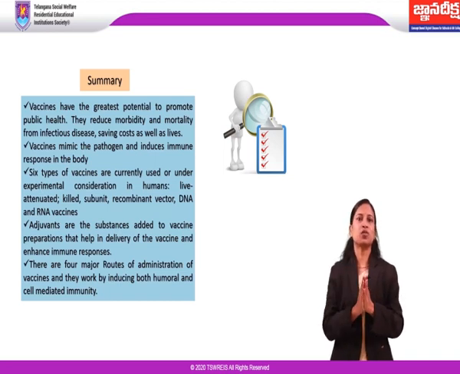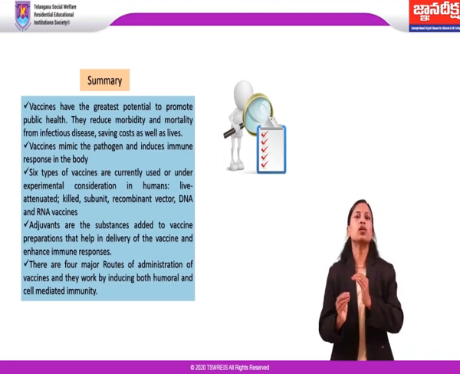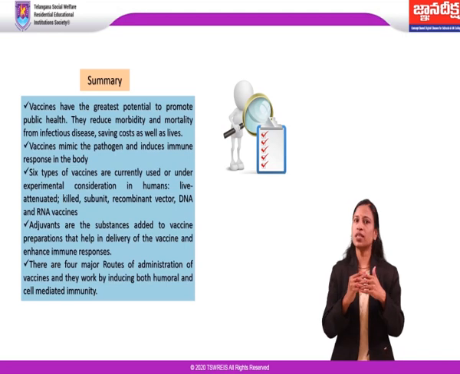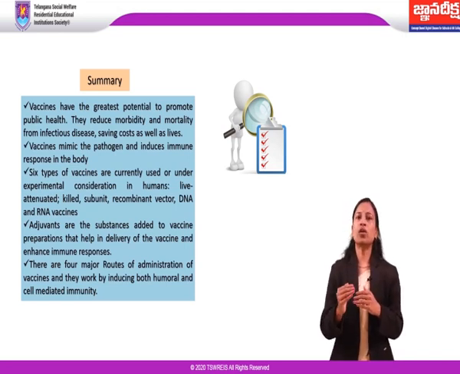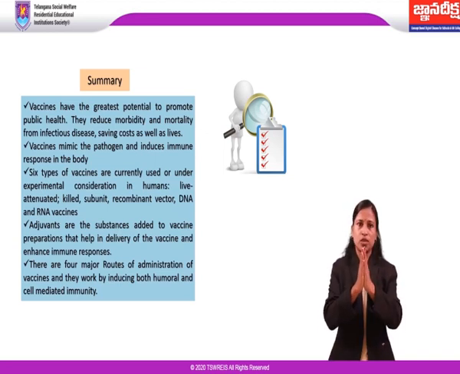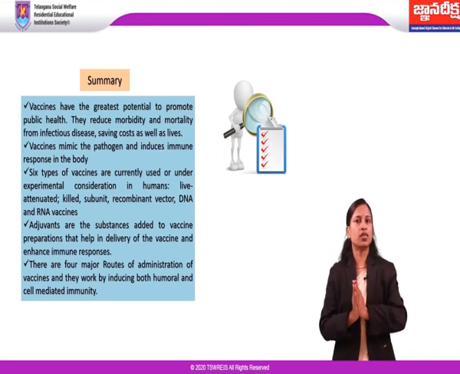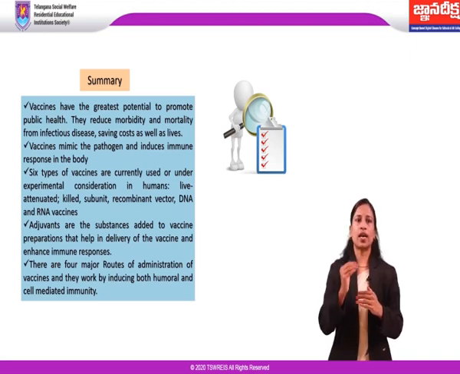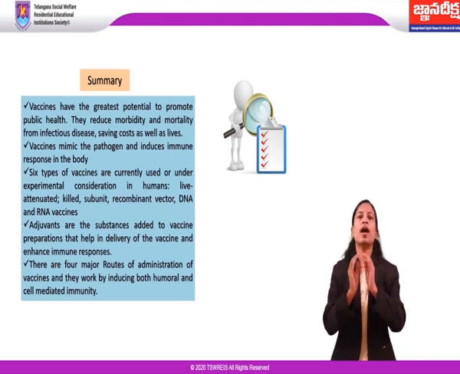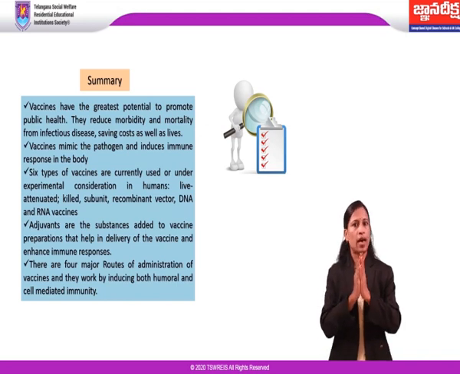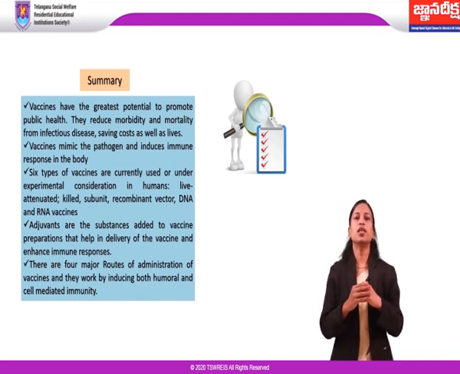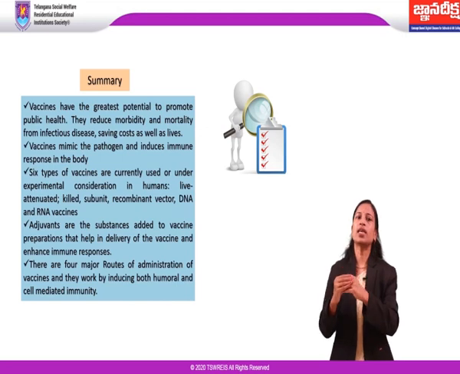There are 6 types of vaccines currently used or under experimental consideration in humans: live attenuated, killed, subunit, recombinant vector, DNA and RNA vaccines. Adjuvants are substances added to vaccine preparations that help in delivery of the vaccine and enhance immune response.